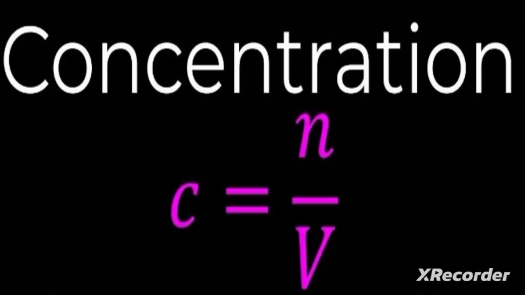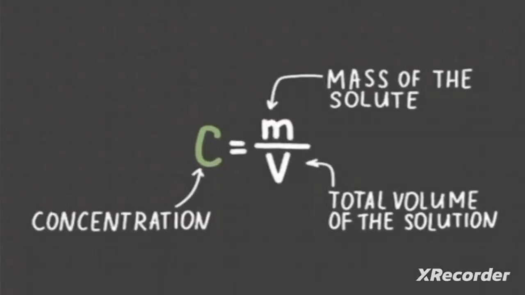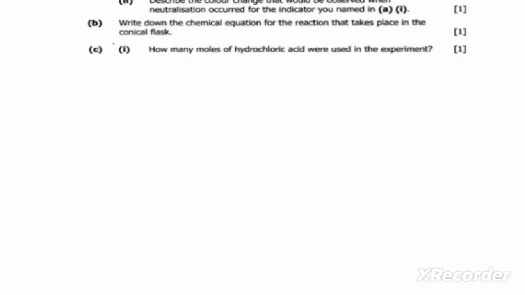Concentration is equal to number of moles over volume. This is the formula that we are going to use. Or we can use the mass of the solute over the volume. We can still find concentration.